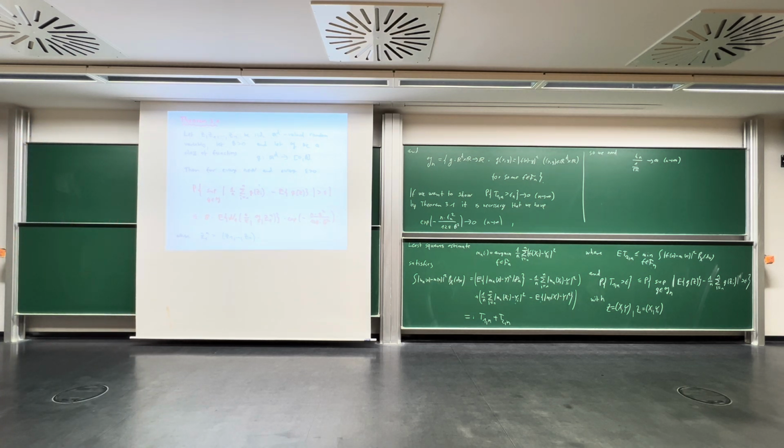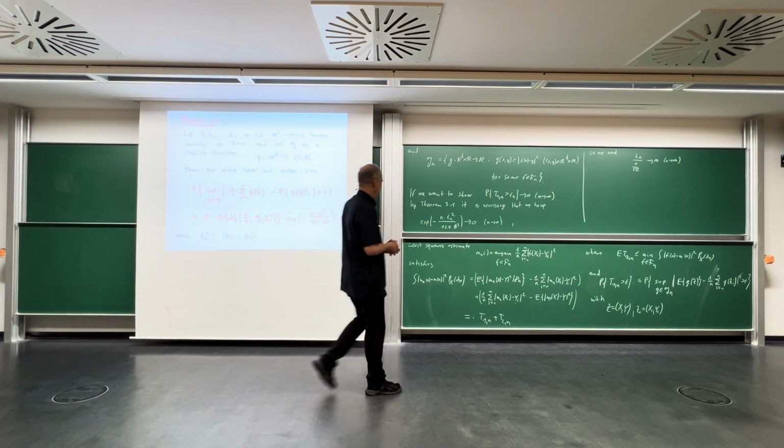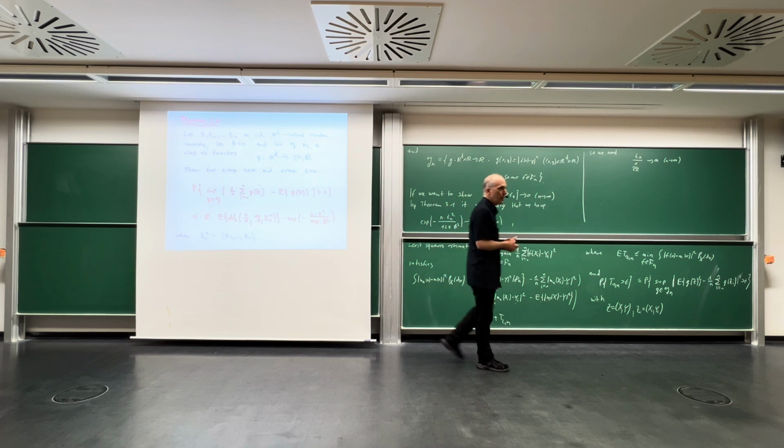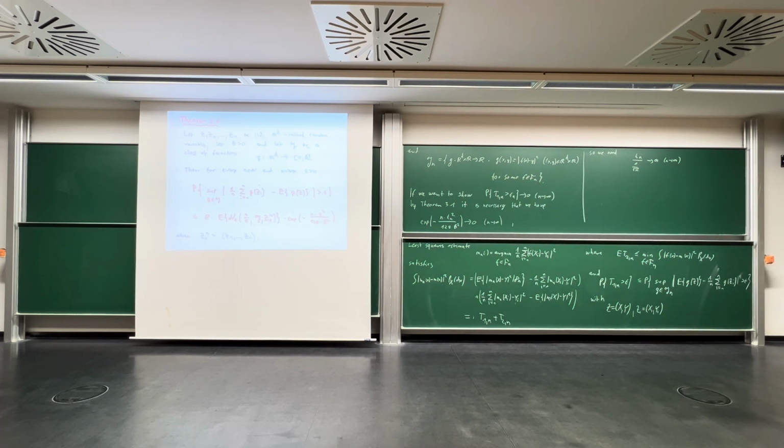So you can't get a rate of convergence faster than 1 over square root of n for the L2 error. That's one of the consequences. And as you will see in chapter 4, that's not sufficient for the optimal rate of convergence.